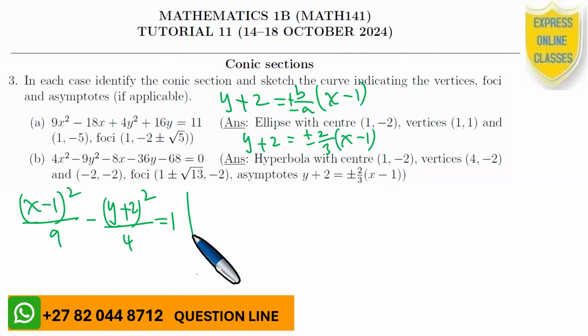But now, in the textbook and in the exam, you're allowed to write asymptotes like this.